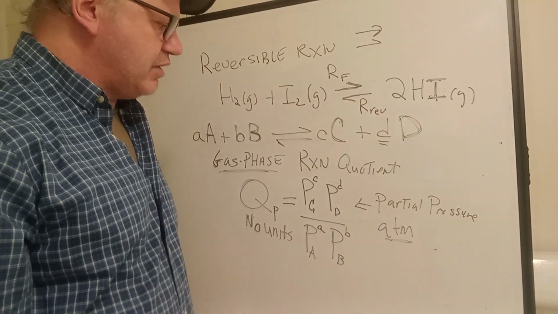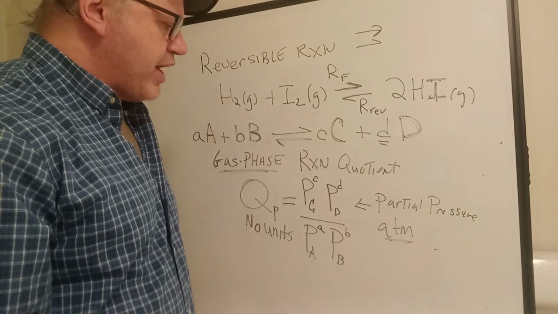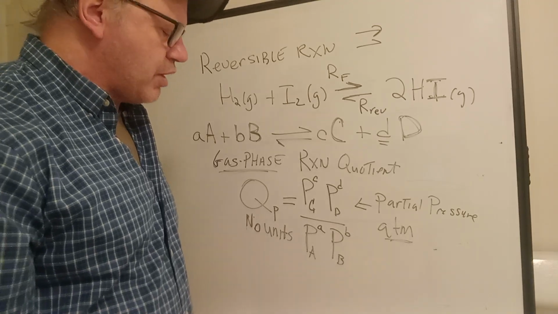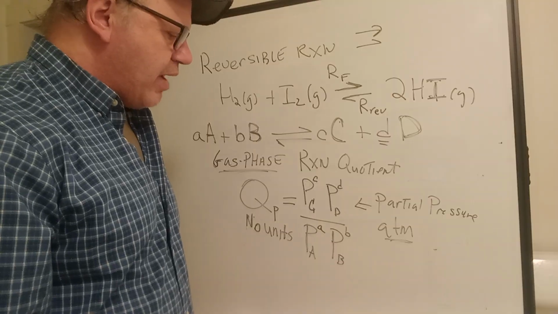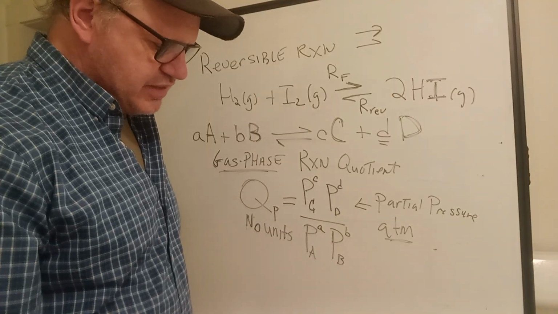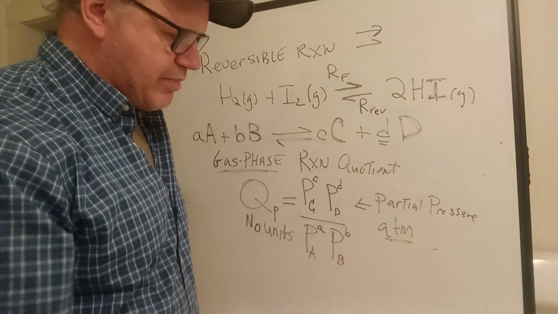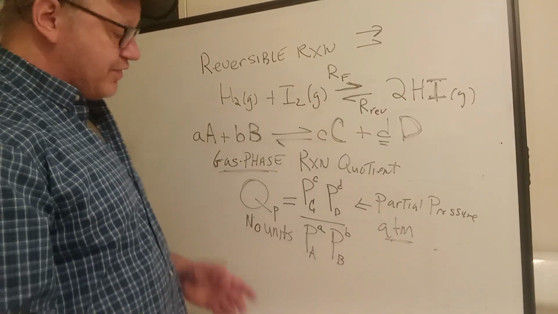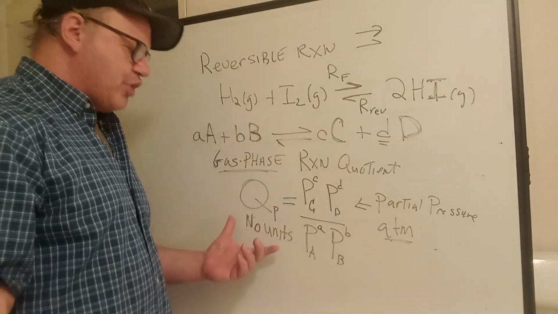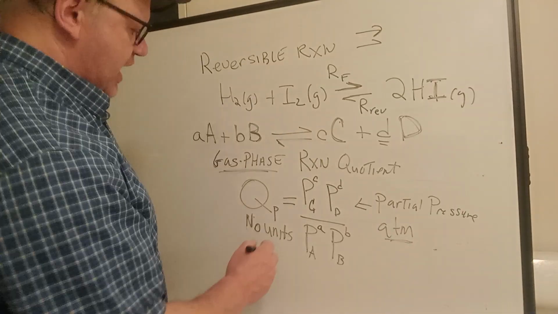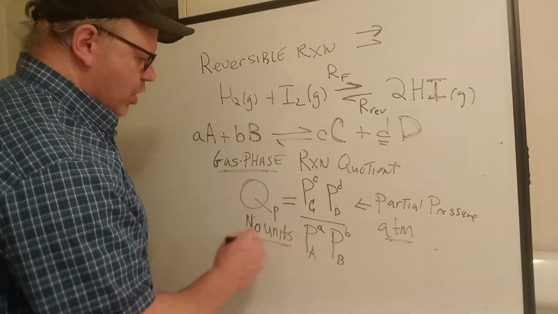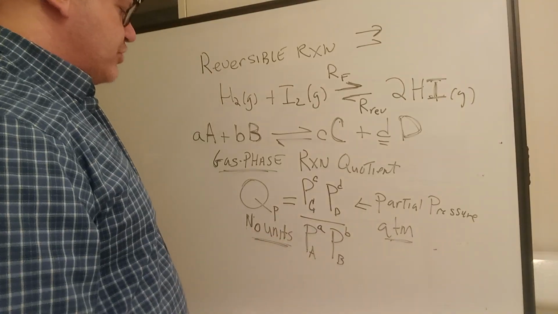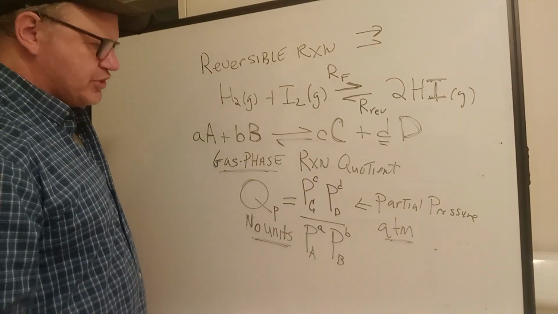Then we work in the limit of reasonable pressures and molarities, where molarity has roughly the same value as the activity, but it carries units. But we retain the fact that it's reported with no units. So the big thing is that this reaction quotient is reported with no units.